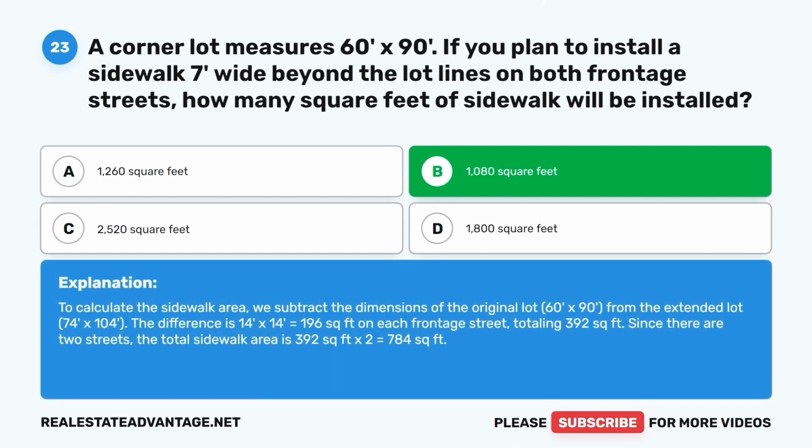To calculate the sidewalk area, we subtract the dimensions of the original lot, 60 by 90, from the extended lot, 74 by 104. The difference is 14 by 14 equals 196 square feet on each frontage street, totaling 392 square feet. Since there are 2 streets, the total sidewalk area is 392 square feet times 2 equals 784 square feet.